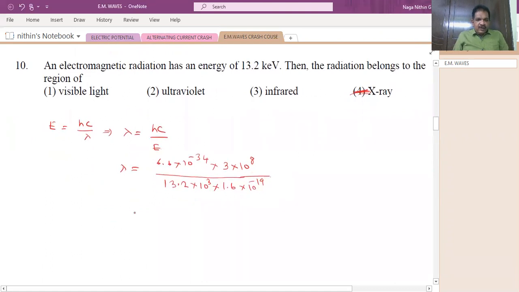If we calculate this value, 10 power minus 10 meter will come. This is 1 angstrom unit.